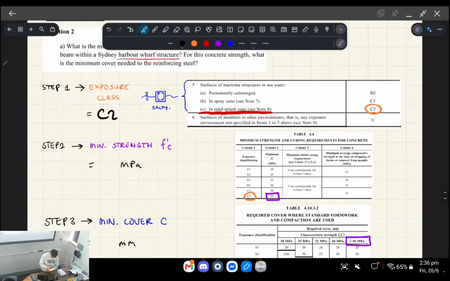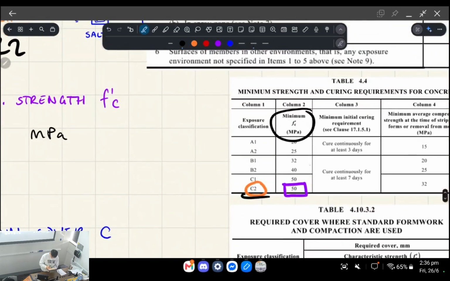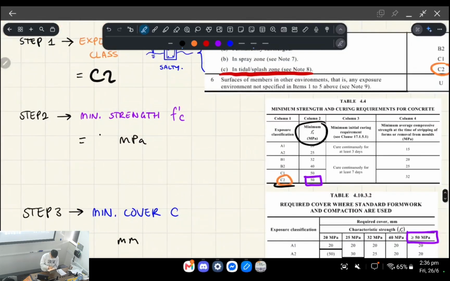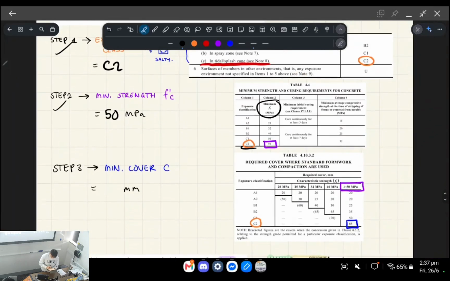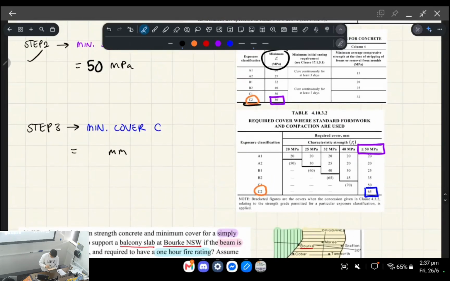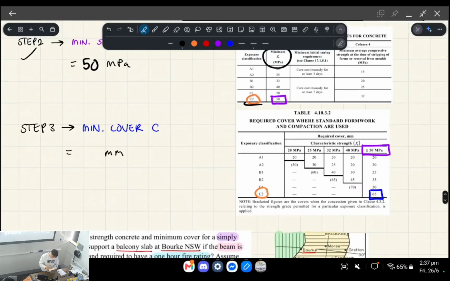Now we check the next table, and for exposure class C2, we're told that the minimum concrete strength allowed is 50 MPa. So that's step 2 done. Step 3 is figuring out the minimum cover. To do that, you need your concrete strength as well as your exposure classification.